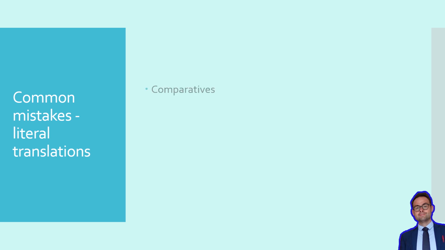Common mistakes with literal translations, particularly with comparatives. Besser als, a lot of people translate than as done, but when we're using comparatives in German, it's always with als. And in English, if it's an adjective with two syllables or more, we'd say more interesting than, but Germans wouldn't say mehr interessant.